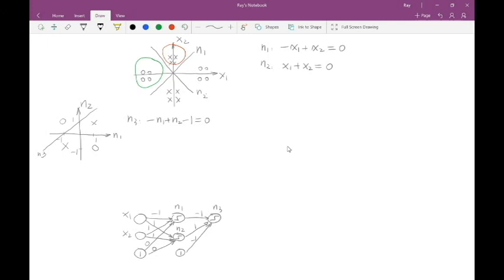We call it N4. And our network becomes this. Now let's draw the N3, N4 coordinate system.